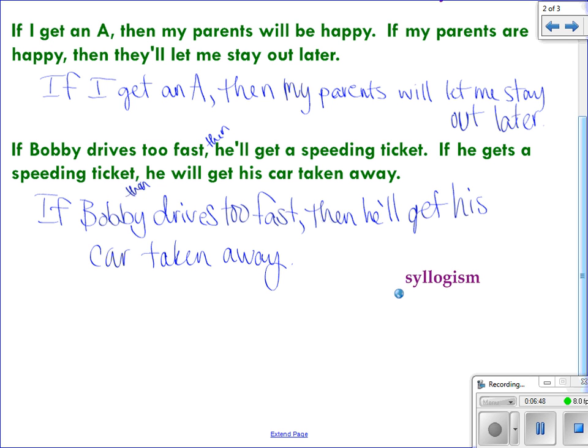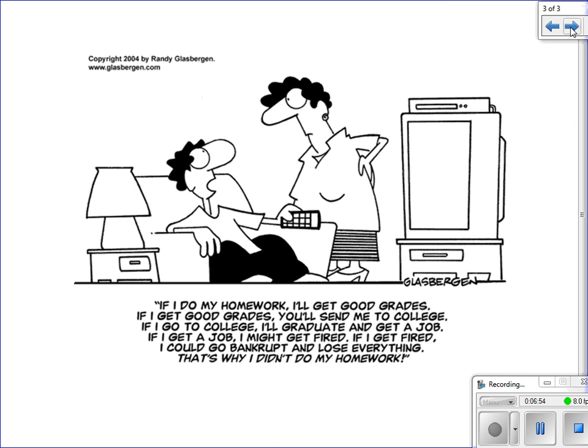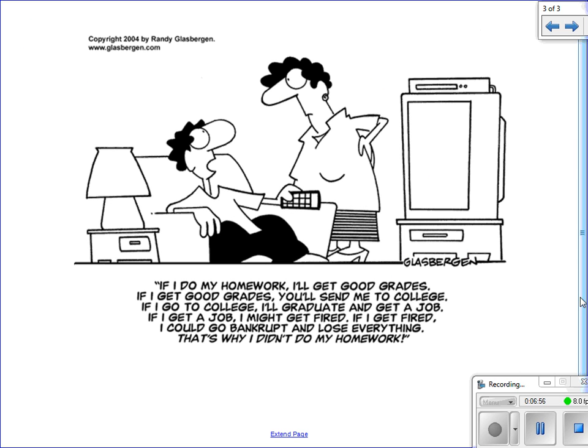Okay, this is not in your notes, so I just want you to read this, and then we're going to conclude what we're going to conclude. Read through it. Okay.